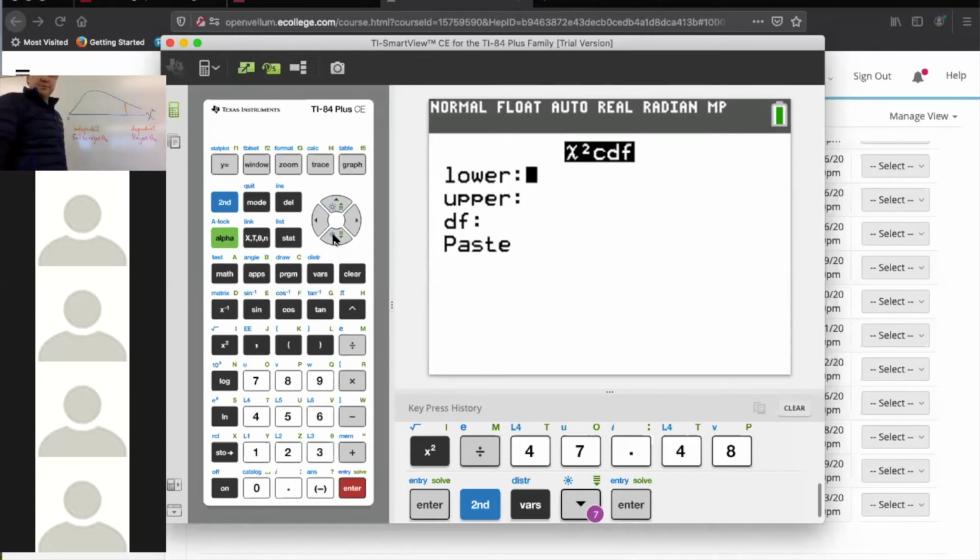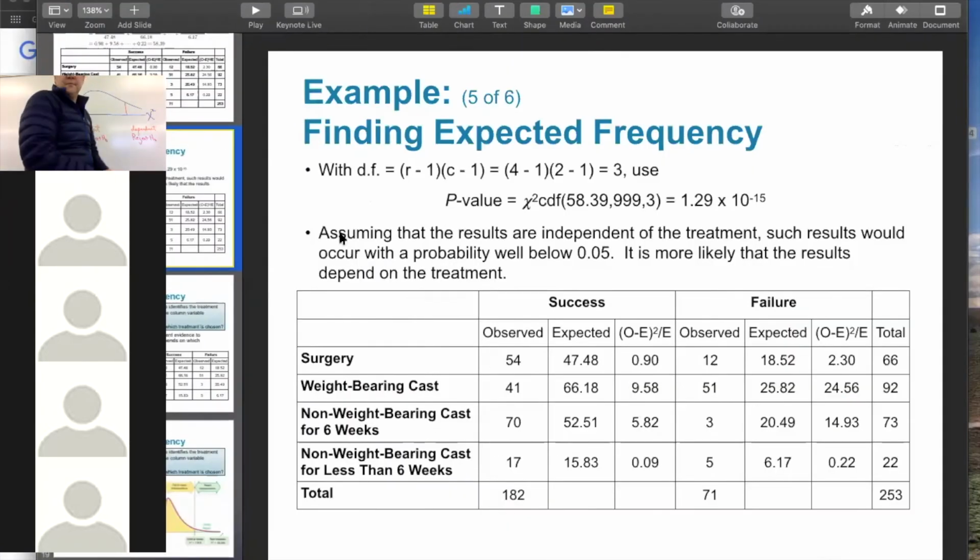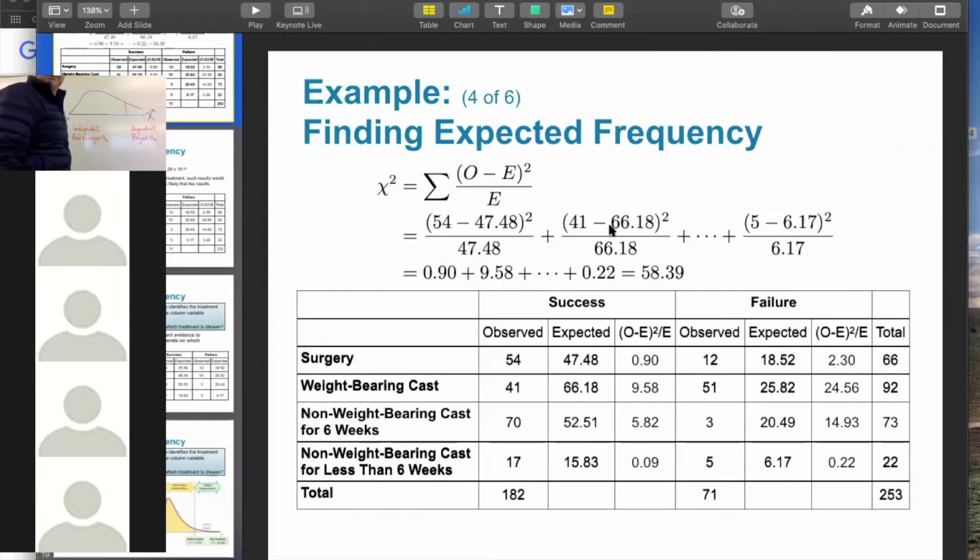So at this point, we have a test statistic of 58.39. That's when we calculated this number right here.